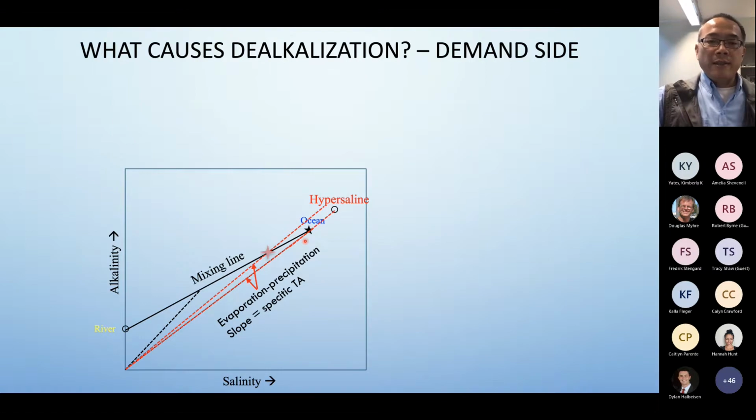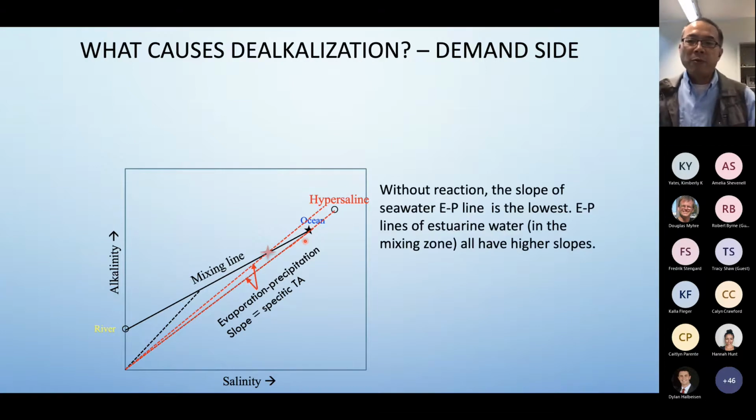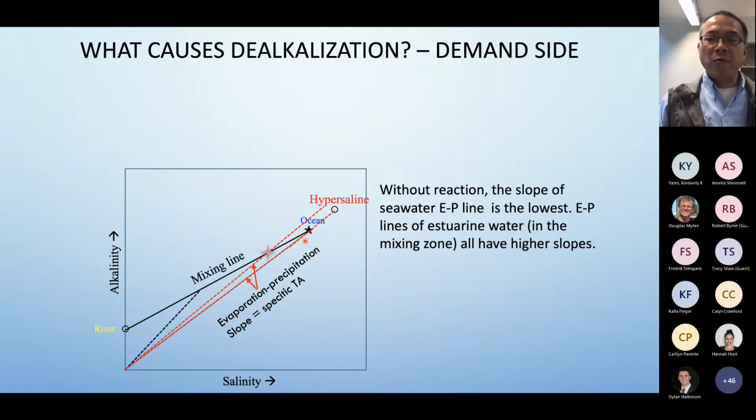We call this slope the specific alkalinity. Actually, it's a term that has been used ever since the 1960s. Without reaction, the slope of the seawater evaporation and precipitation line would be the lowest. And if you are in the estuary, as long as the salinity is not up to the ocean level, the ratio of alkalinity to salinity would be greater.